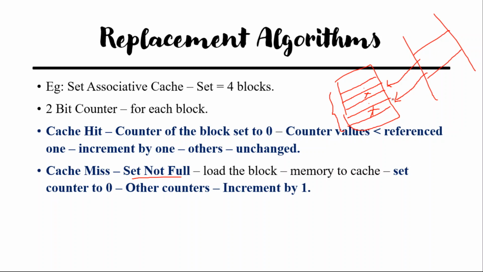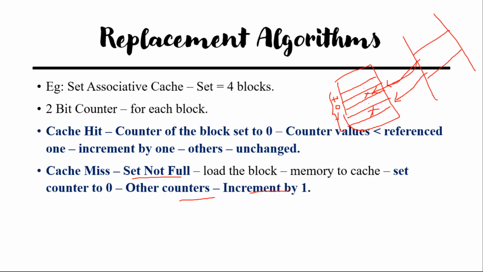After taking that position, the counter corresponding to this new block will be set to 0, and all other blocks' counters will be incremented by 1. For this block the counter will be incremented by 1.